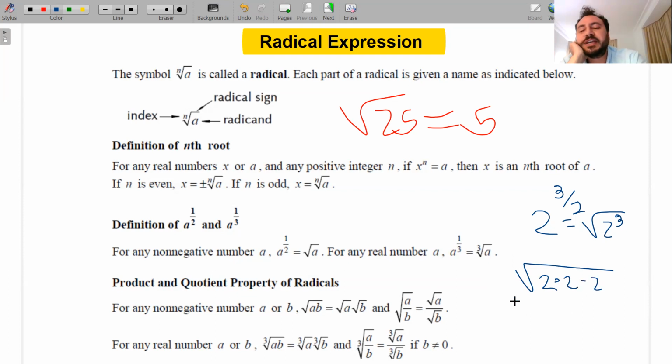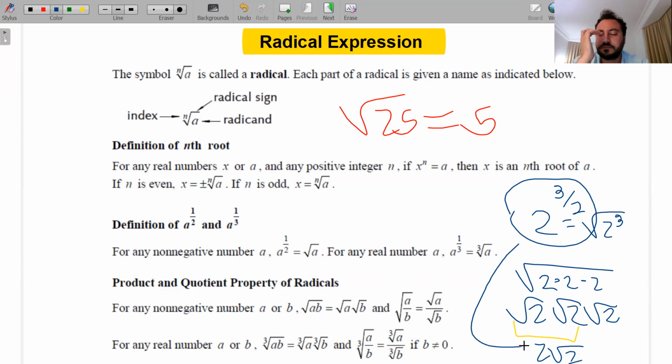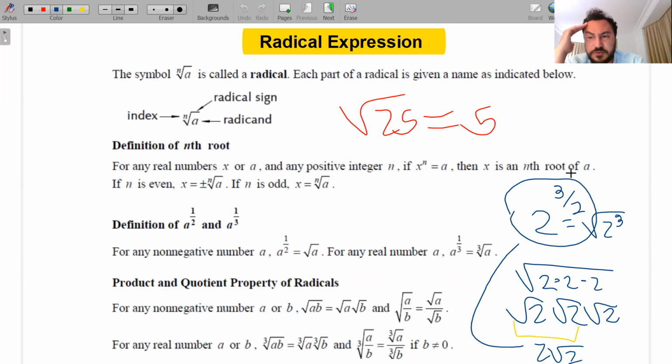Since this is a series of multiplication, we can write it as the square root of 2, times the square root of 2, times the square root of 2. And whenever you have a multiplication of two square roots that are the same, that can be just written as 2. So this will end up being just 2 square root of 2. We could have already seen this one by just applying some exponent laws, but that's a little bit too complicated. Let's keep it like that.